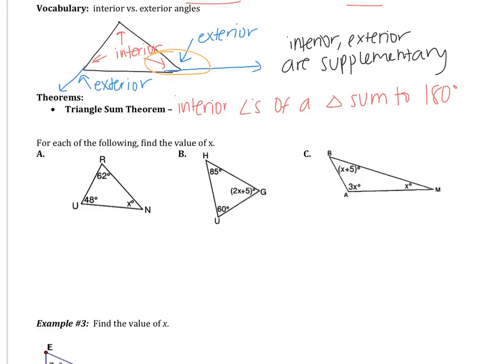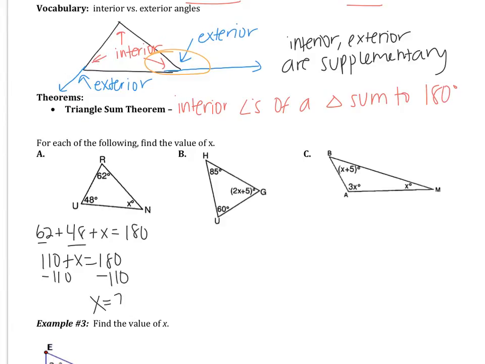So I have 3 interior angles. They're going to sum to 180. So I have 62 plus 48 plus x equals 180. They're all interior because they're all on the inside of the triangle. If I add 62 and 48, I get 110 plus x equals 180. Subtract 110, subtract 110, I get x equals 70.